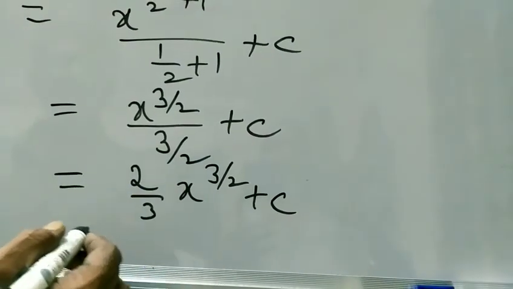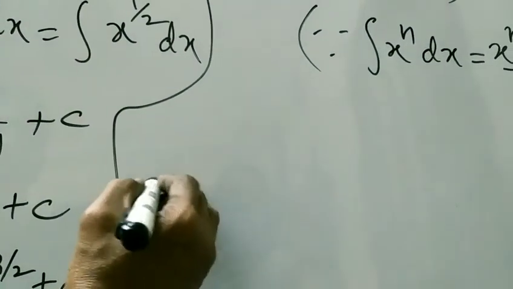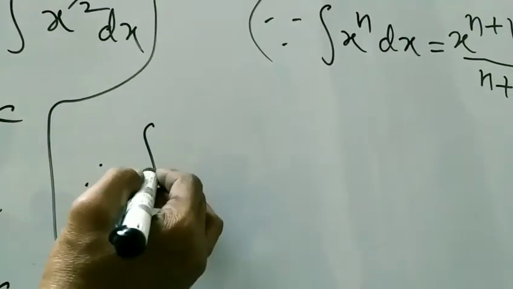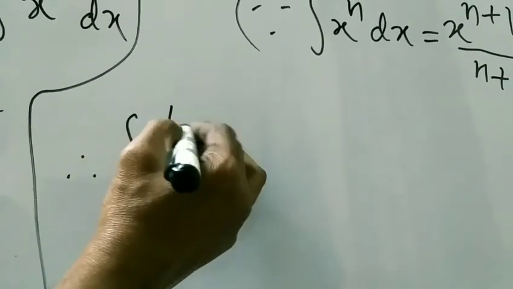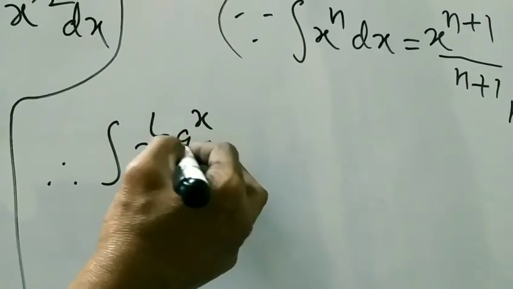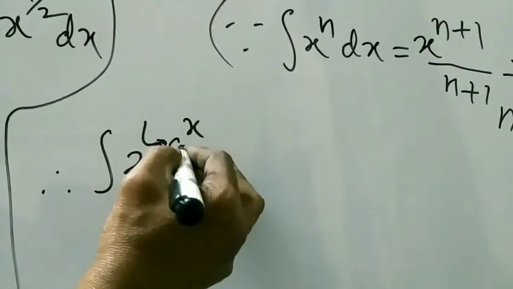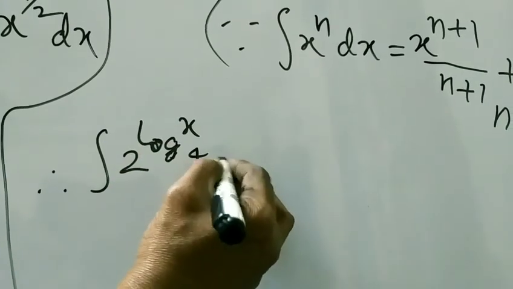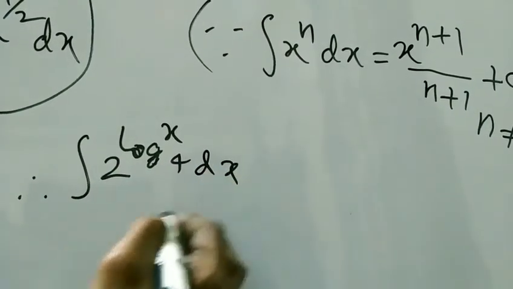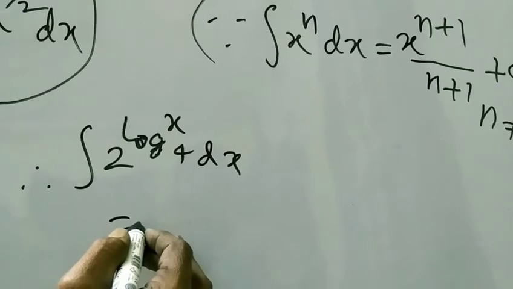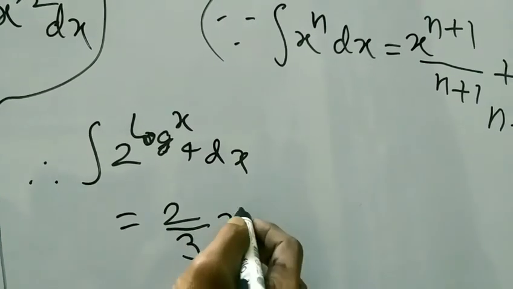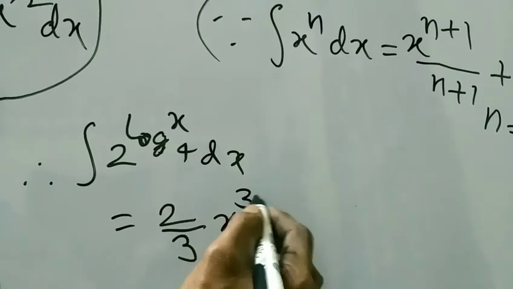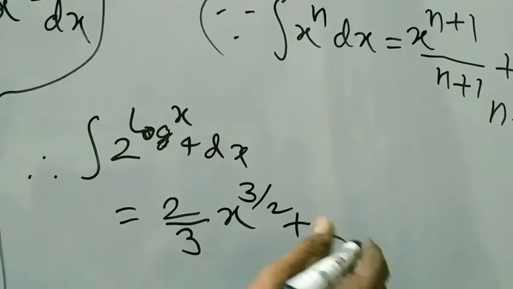Therefore, the integral of 2 to the power of log x to the base 4 dx is equal to 2 by 3 x to the power of 3 by 2 plus c.